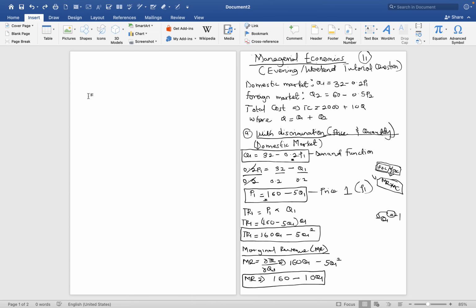Okay, so let me continue here. I was trying to switch it, but it ended up moving to the left hand side. I don't know why. So let me continue.